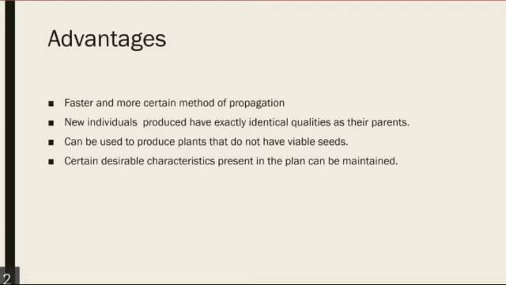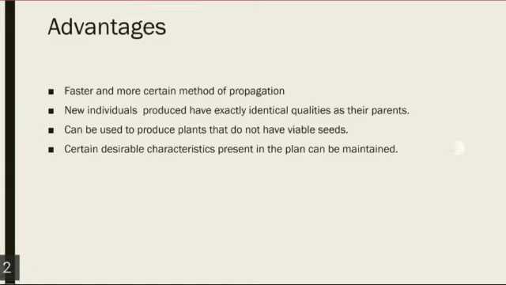That we have discussed already in the beginning of the session. The plants which are unable to produce seeds can propagate through vegetative propagation through root, stem or leaves. Certain desirable characteristics present in the plant can be maintained. So the good qualities of the parent plant can be maintained in their next generation.